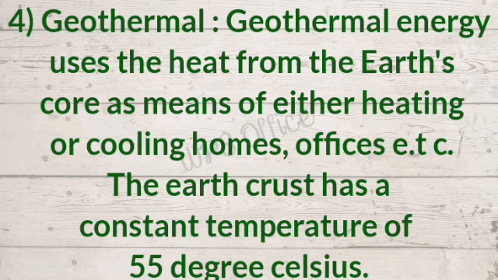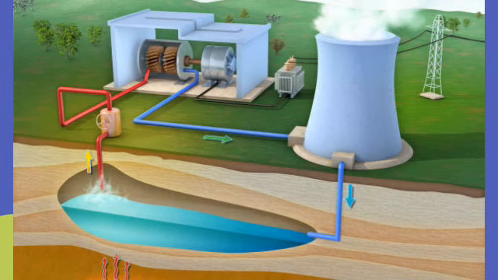The earth crust has a constant temperature of 55 degrees Celsius. Now this is a picture showing energy being generated from the earth core. Look at it, geothermal energy, making use of the earth core.